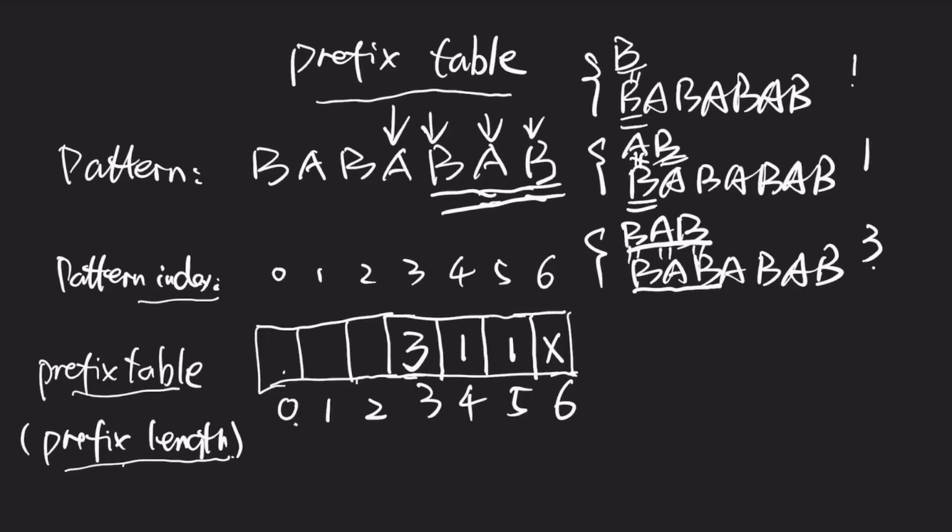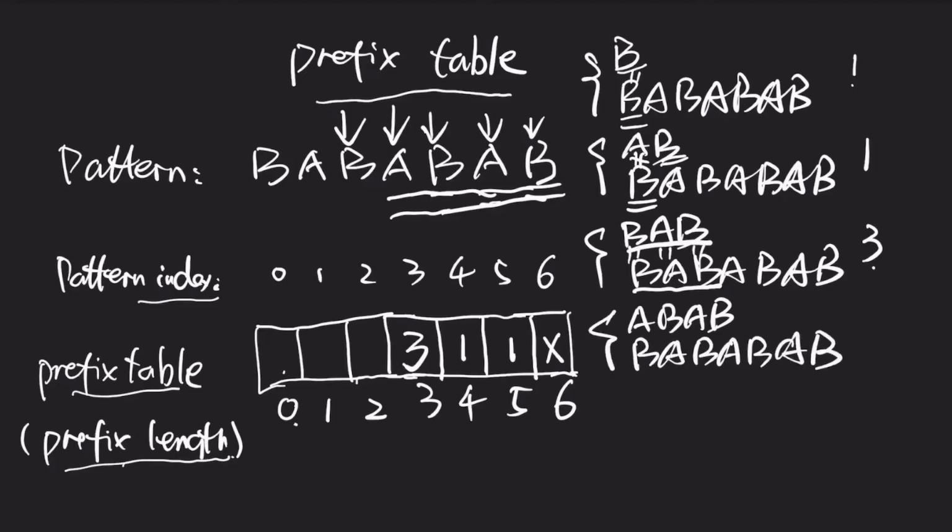And if it's here, index 2, the suffix should be AB, compared with BA, BAB. Then A is not equal to B, so we use the value from last time, that is 3.